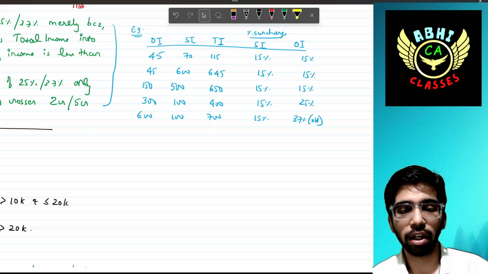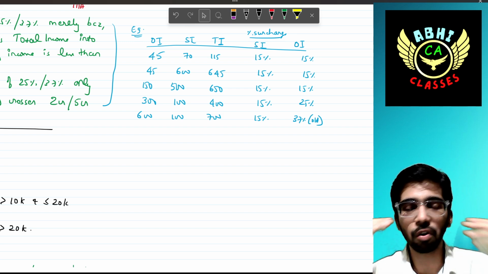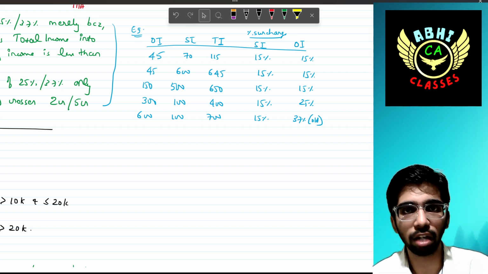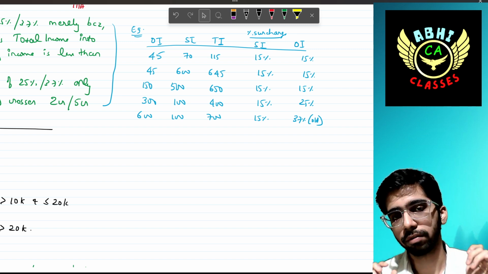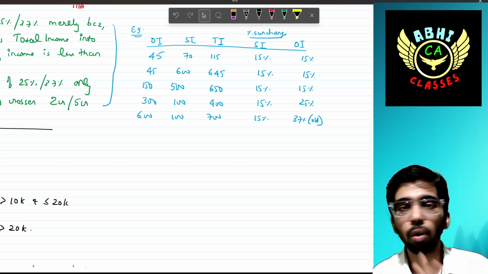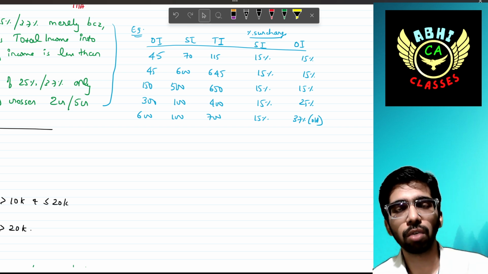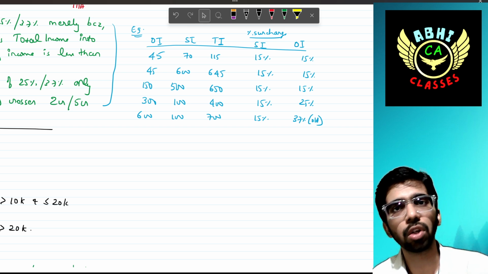The last example: other income is 600 lakh. Now he is crossing the limit only with the help of other income. Special income is only 100 lakh, not having crossed 2 crore also. Total income comes around 7 crore. Special income, 15%. Why 15%, even though it is not crossing 2 crore?